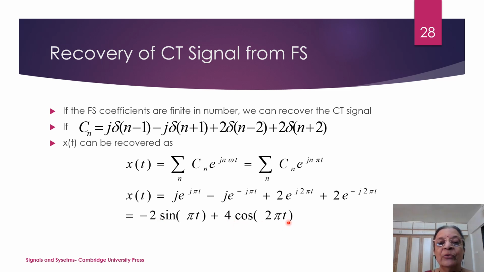So this is how you recover the signal. Remember that whenever you have delta n minus 1, you recover it as e raised to j pi t. If it is n minus 2, you recover it as e raised to j2 pi t. So this is how very easily we can recover the continuous time signal from the Fourier series.